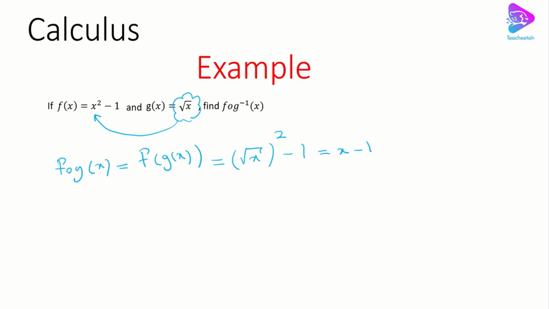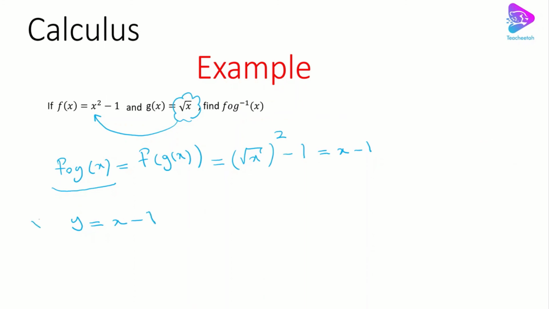Now we have f of g of x, and it's time to apply those 3 steps that we have already seen for the previous example. So now, instead of f of g of x, I'm going to write y, which is going to be x minus 1.